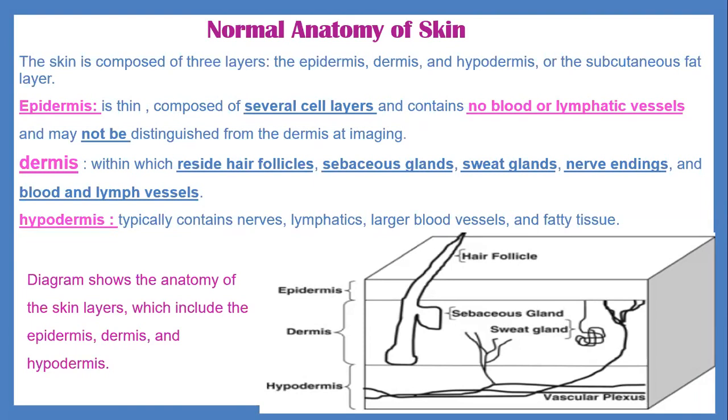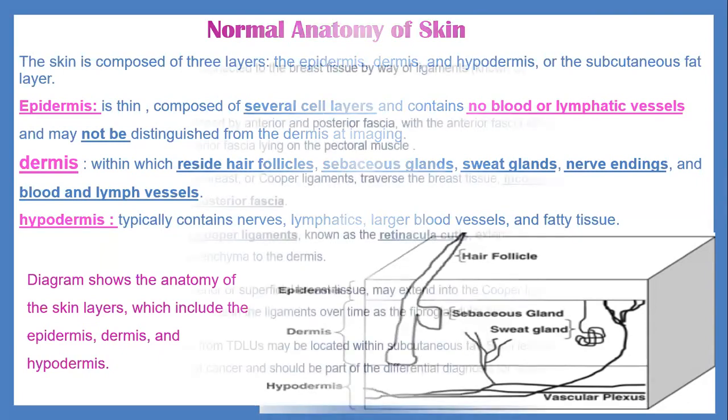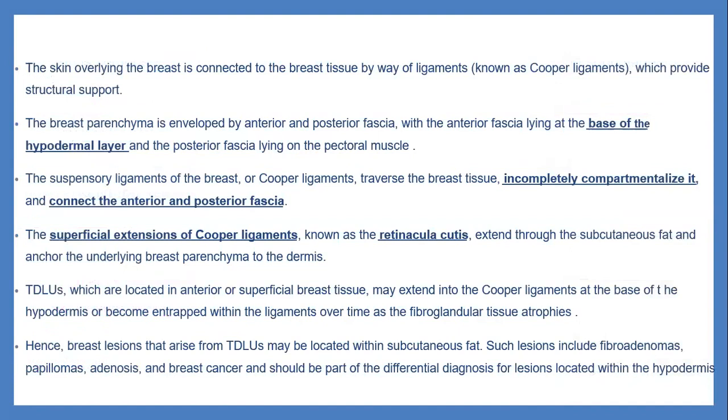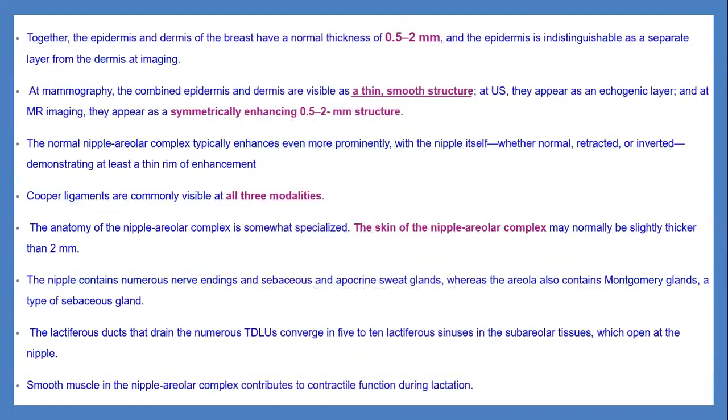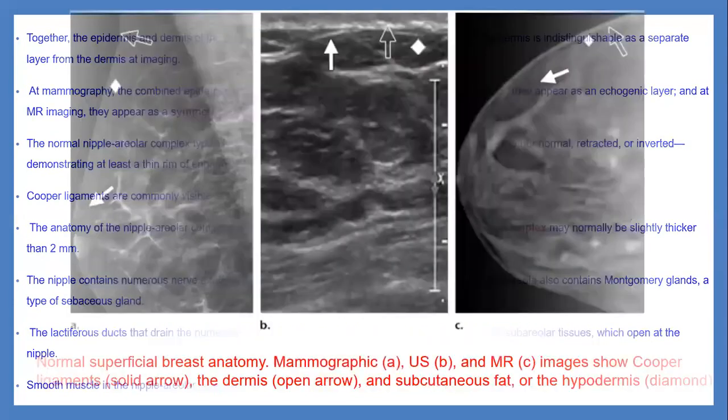The hypodermis typically contains all these structures except for the hair follicles. We describe in the anatomy all these details, the thickness of the skin, and the appearance on imaging.